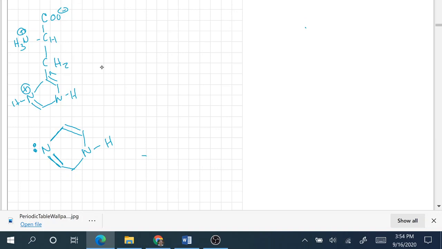Now this nitrogen on the right has a lone pair because it has 3 single bonds, but that lone pair is not connected to the hydrogen. It's going to be up in the ring. I have drawn this bottom one incorrectly as well; that would not be aromatic.